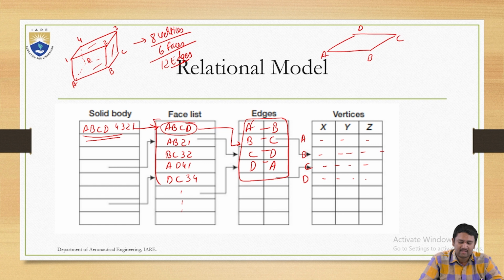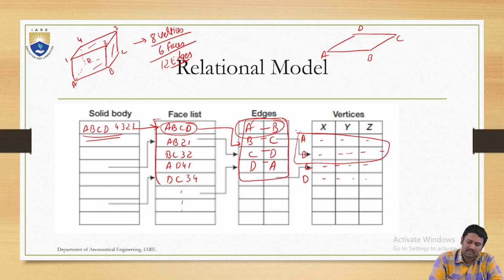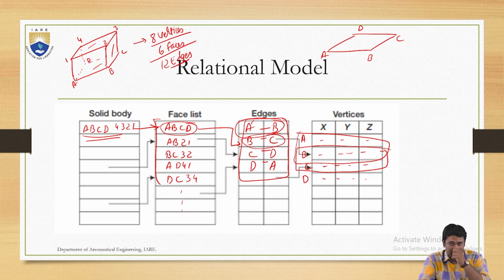These 12 edges will have individually different vertices available for us. In order to make an edge A to B, 2 separate coordinate data for A, B. In order to make a BC, 2 separate coordinate data for B and C. These relationships, dependencies from one to other on how well they are being made, can be seen.